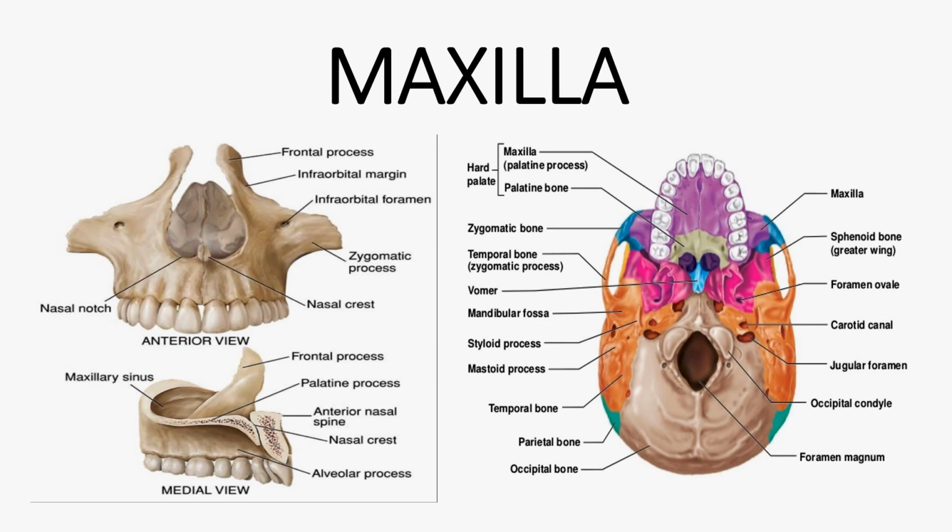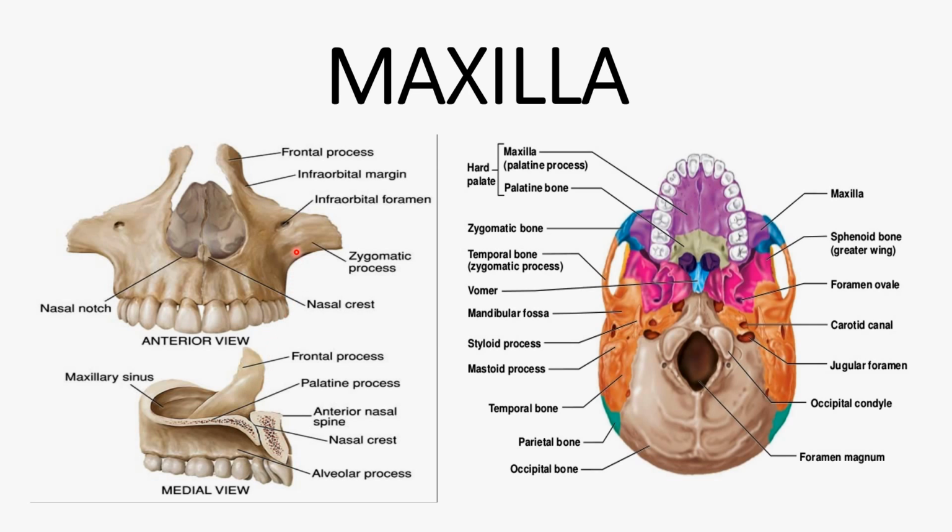And maxilla. Maxilla has the infraorbital foramen, and in the medial view you can find the maxillary sinus. Here this one is the alveolar process, and the teeth are inserted into the space called the alveolar socket.